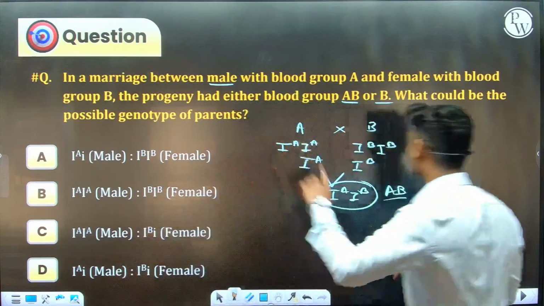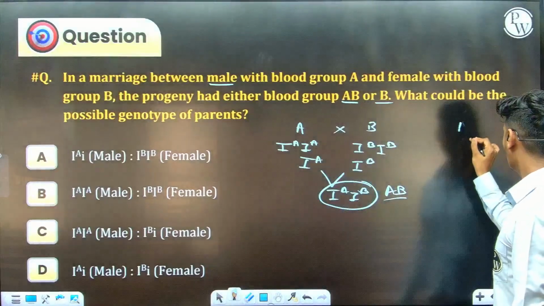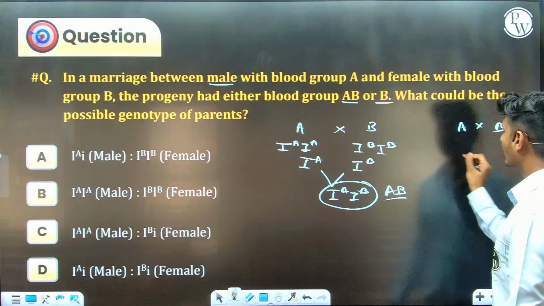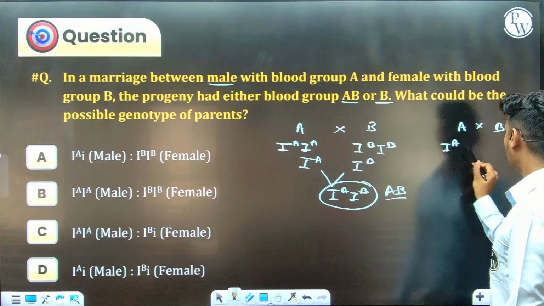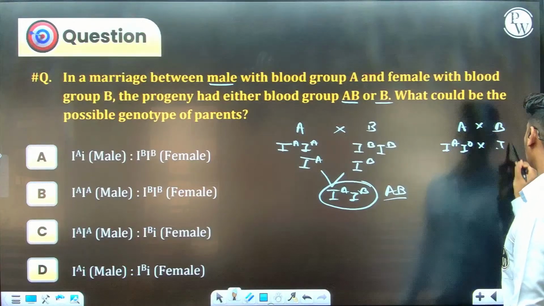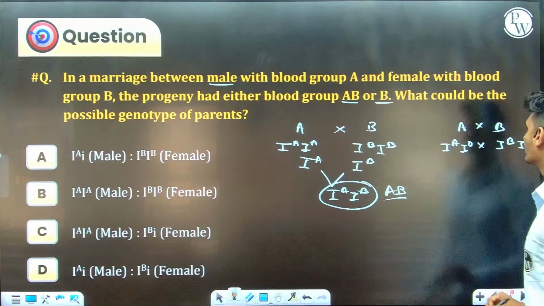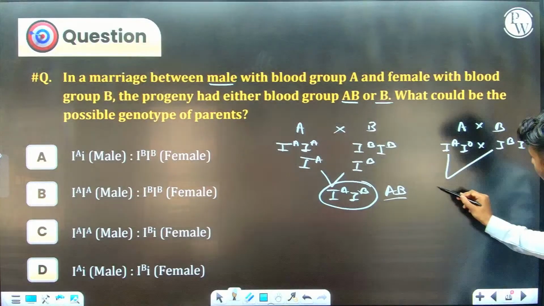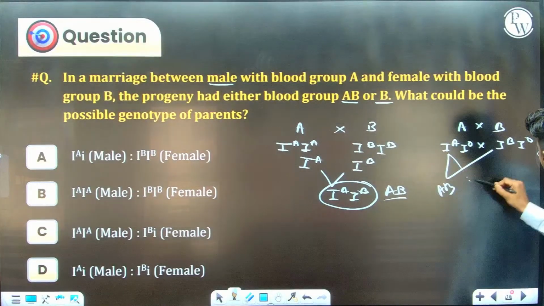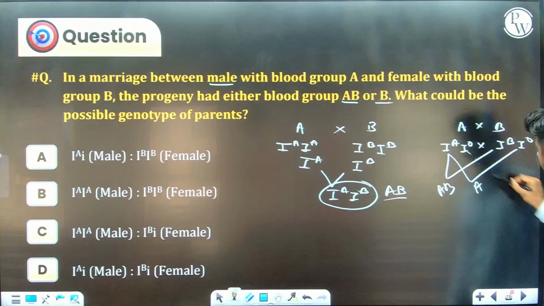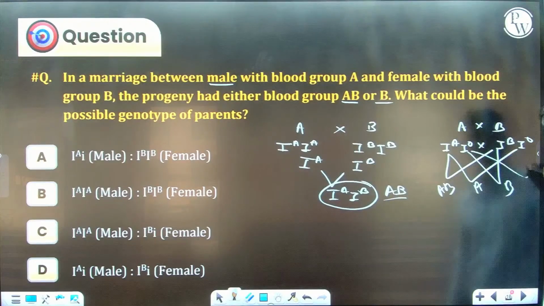Now if we go with A cross with B, A with IA and IO, B with IB and IO, here the possibilities are blood group AB, then blood group A also, then blood group B also, and blood group O also.